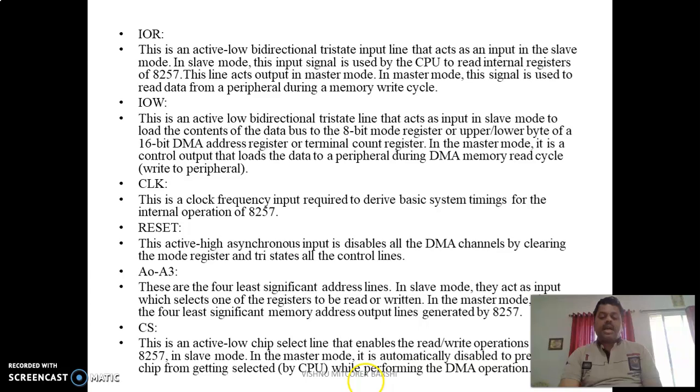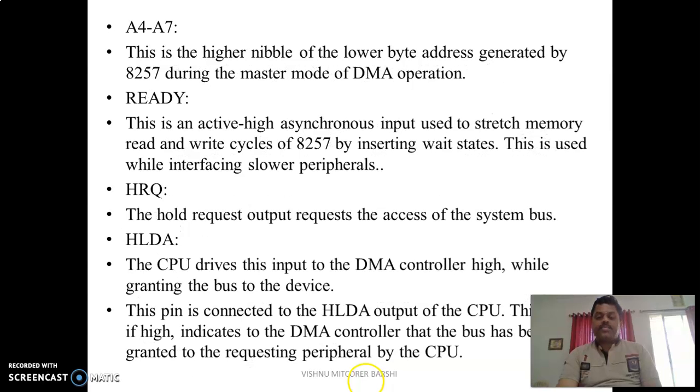CS is an active low chip select line that enables the read-write operation of the 8257 in slave mode. In master mode, it is automatically disabled to prevent the chip from being selected by the CPU.